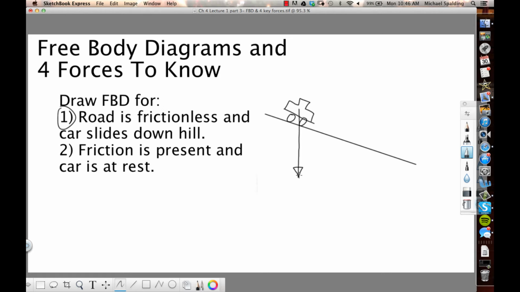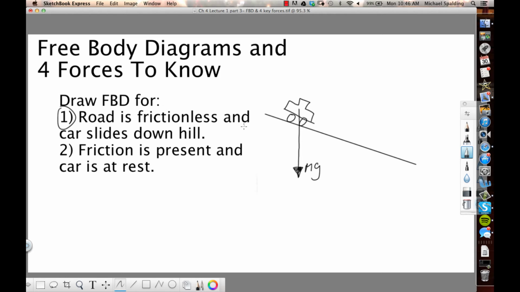I forget if I mentioned this or not: there are different ways you could label this force. Sometimes you'll see it labeled as W, for weight. Other times you'll see it labeled as Fg for force of gravity. The way I like to do it is to label it mg. What is mg? That's the equation for force of gravity, or weight.